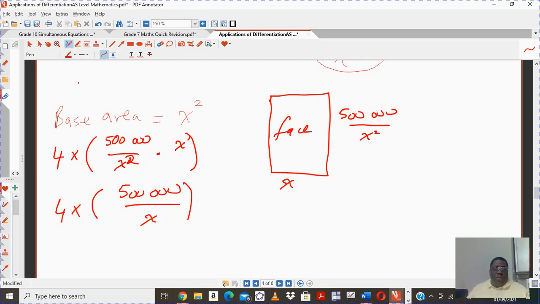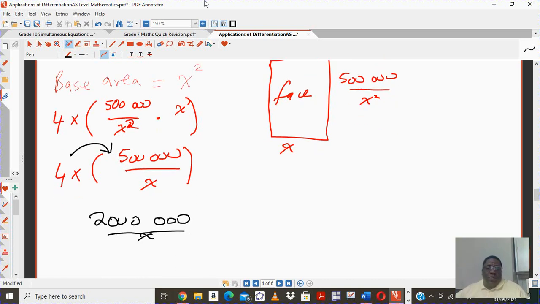When you multiply out the 4 times that, you'll get 2 million upon x. Once we have 2 million over x, what you've just calculated is the faces of the 4 rectangular parts.